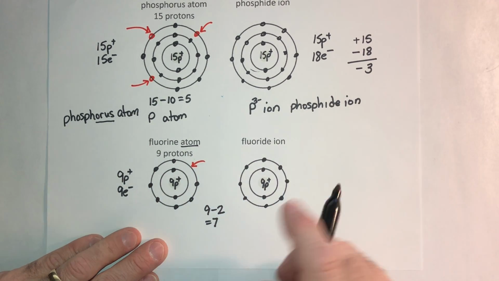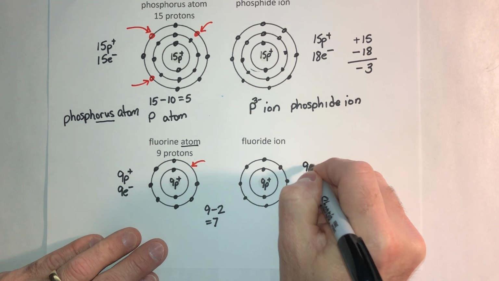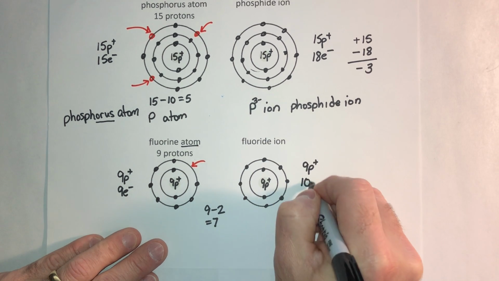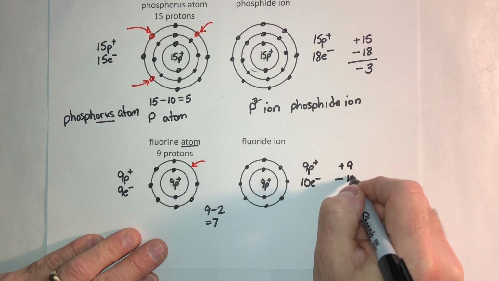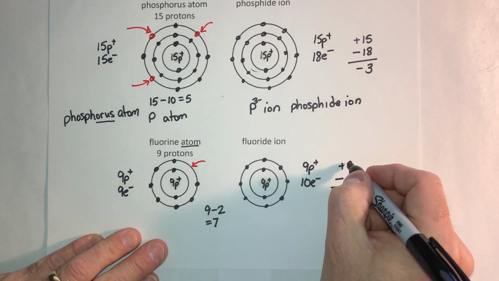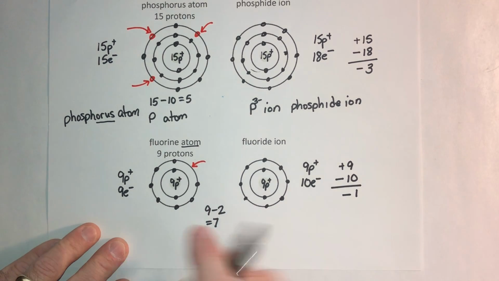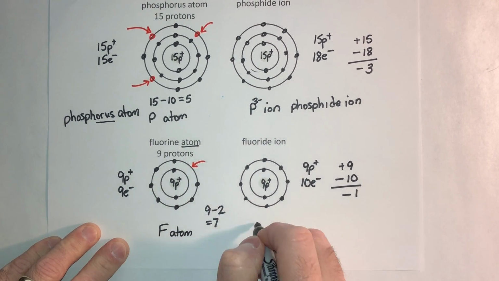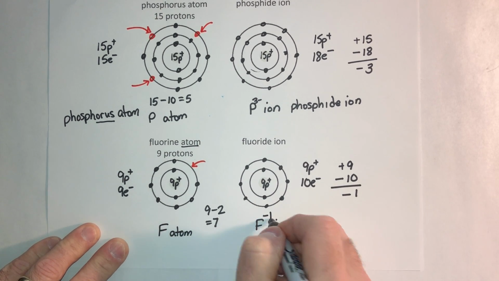The protons and electrons don't balance anymore, so let's recount. I had 9 protons. I now have 2 plus 8 is 10 electrons. So that's 9 positives and 10 negatives. Positive 9 and a negative 10 gives me negative 1. So the symbol here would be fluorine atom. The symbol here is going to be a fluorine ion, but it has a charge of -1.